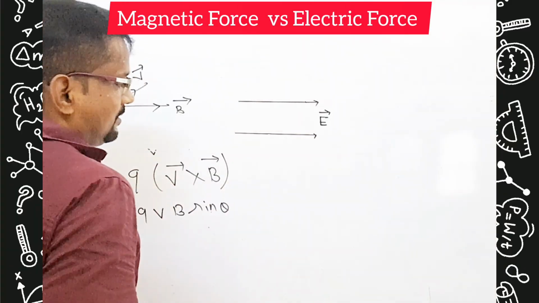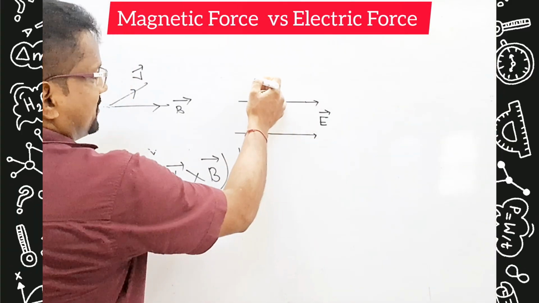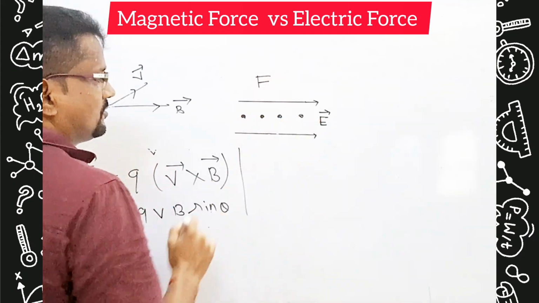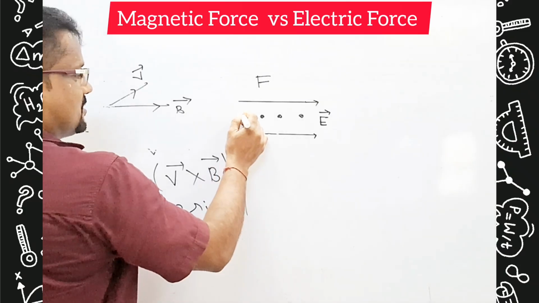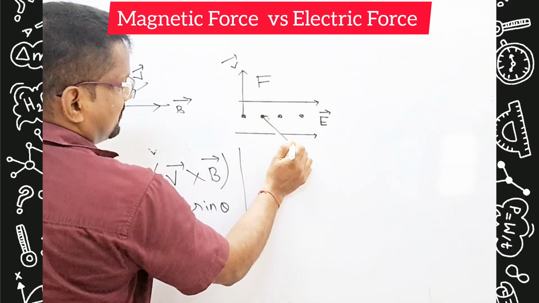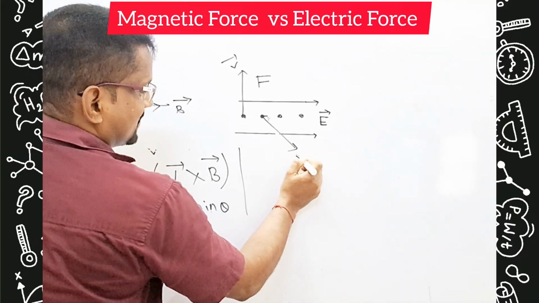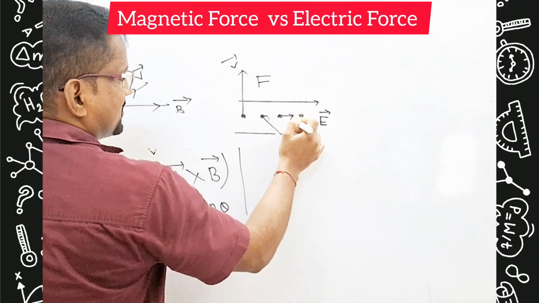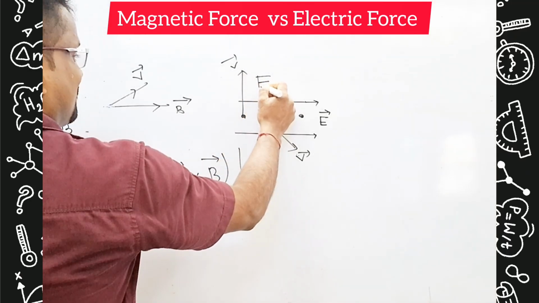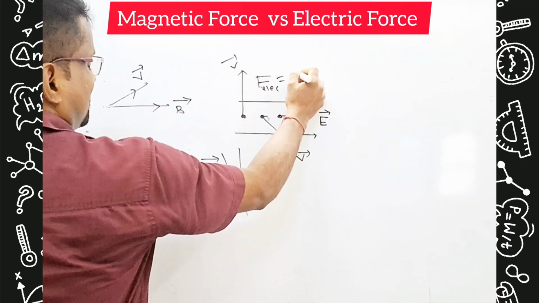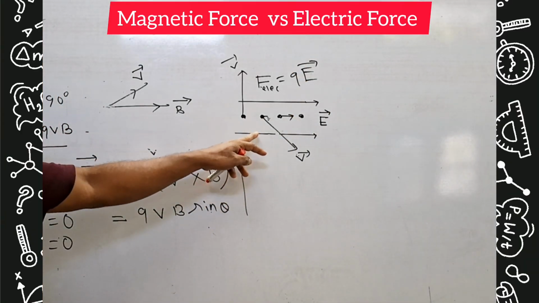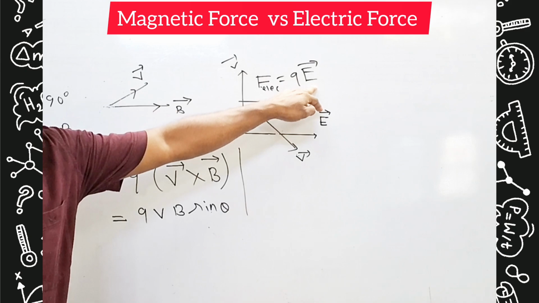In case of an electric field, it is simple. So for the electric field, consider charged particles here and here. Here also you can consider a charged particle. So this is moving with velocity in this direction, and this is in this direction, making some angle with the electric field, say velocity v, and this is at rest. So how is the electric force given? Electric force is simply Q times the electric field intensity.